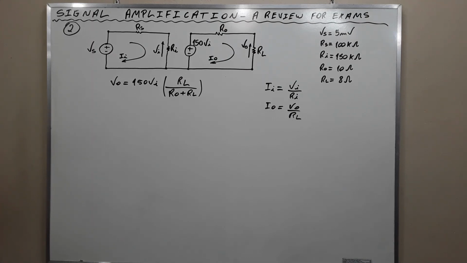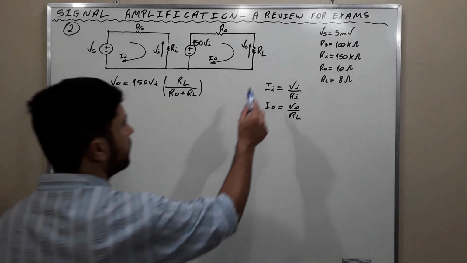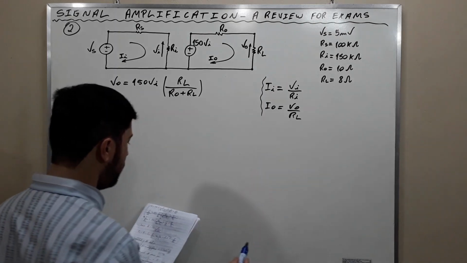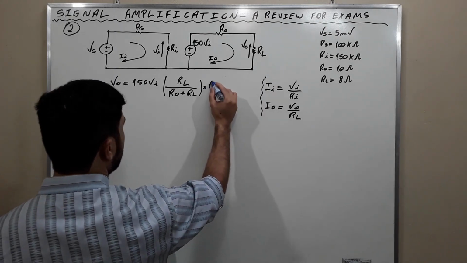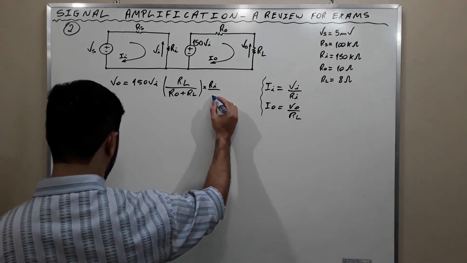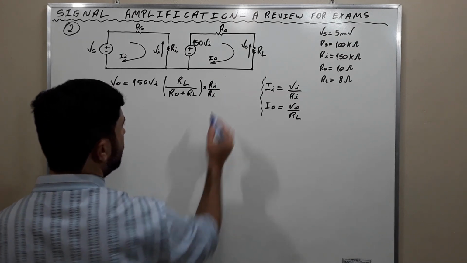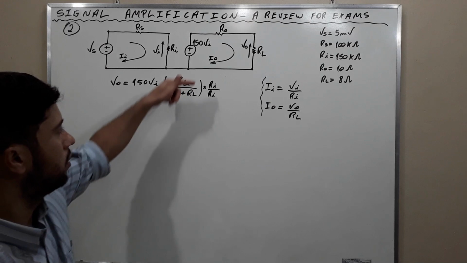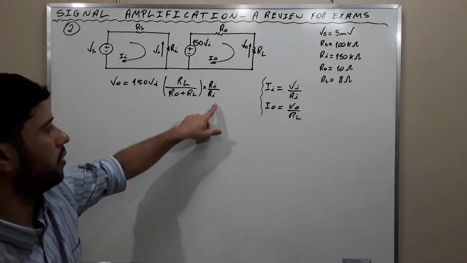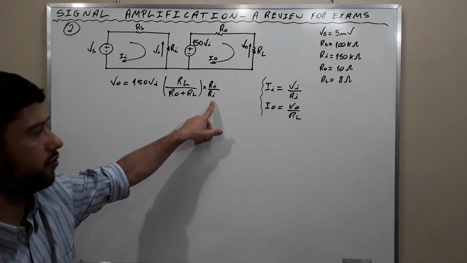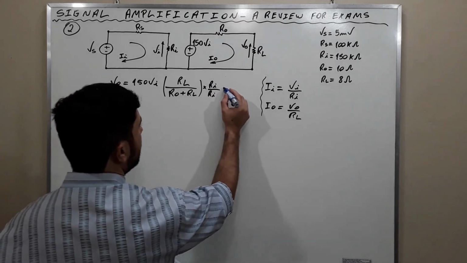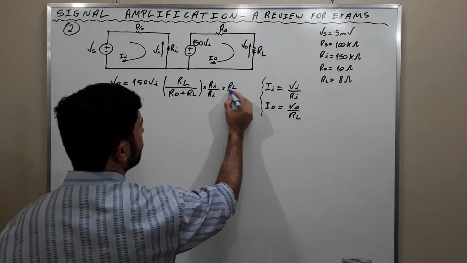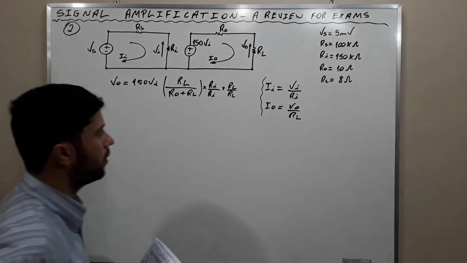Let's do something here. Let's multiply this expression by this, Ri over Ri, which is 1. Anything divided by itself is 1. We can do it. And again, with RL.